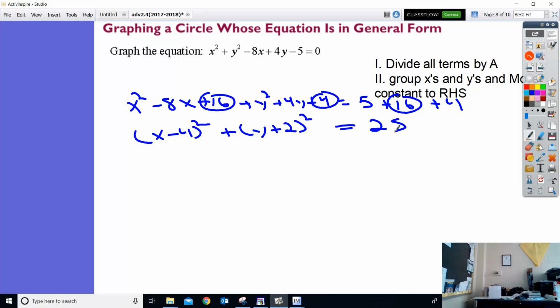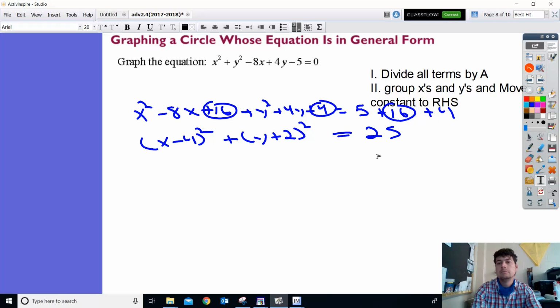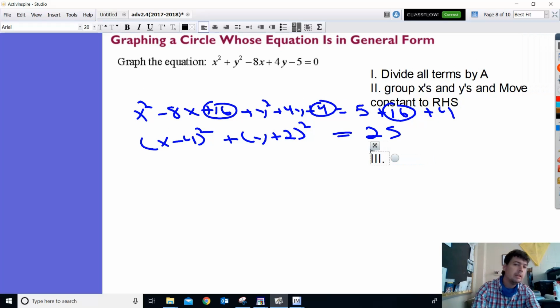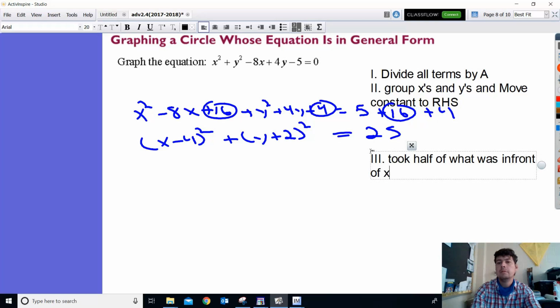Now, when you talk about what I did, I'm not going to call it a letter of the alphabet. I took half of what was in front of x, squared it, and added to both sides.